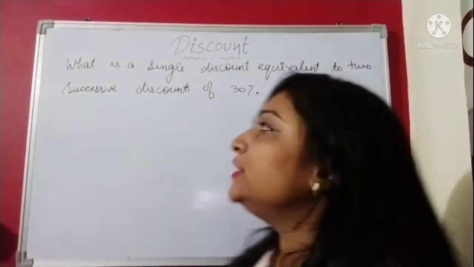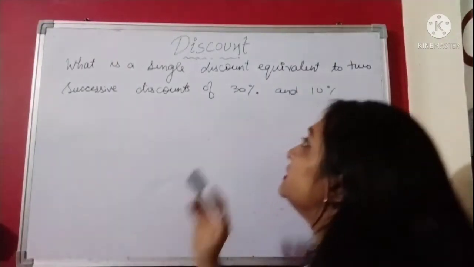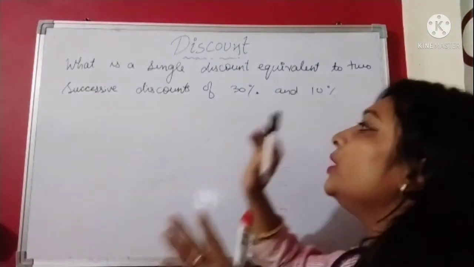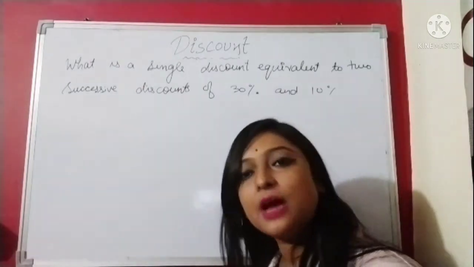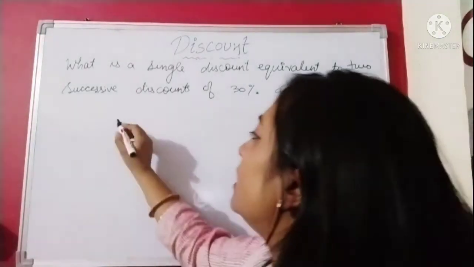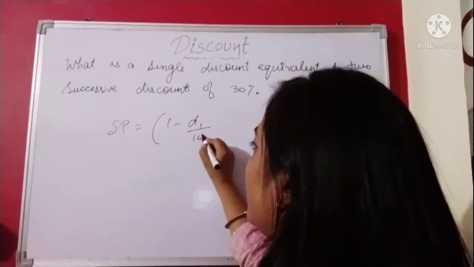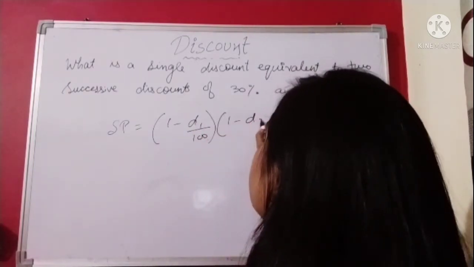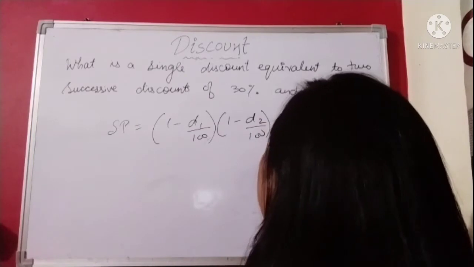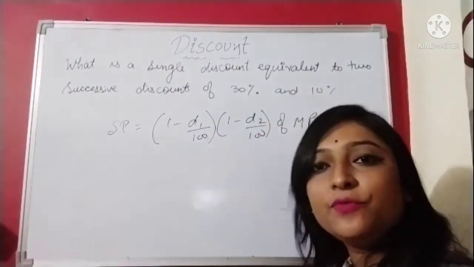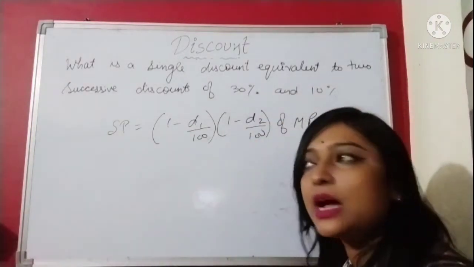Let's come to another variety of the question. The question says, what is the single discount equivalent to successive discounts? Now, as we just discussed, SP is equal to 1 minus D1 upon 100, 1 minus D2 upon 100 of MP, right? This is the formula when we have successive discounts.